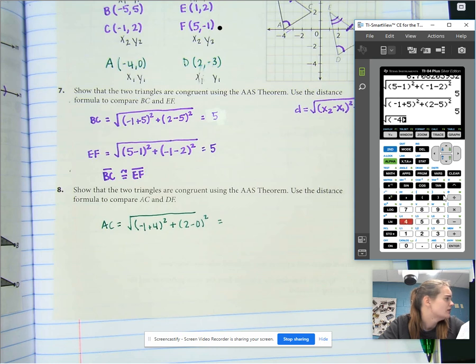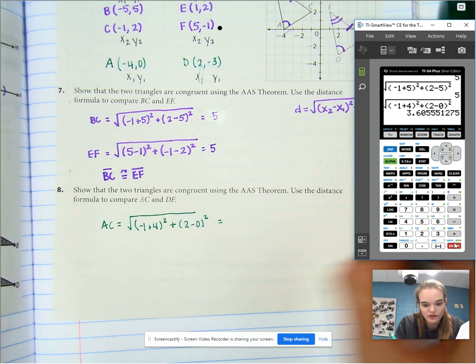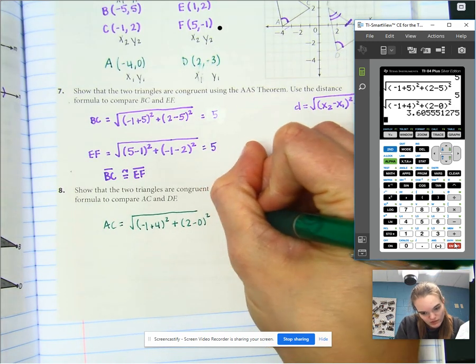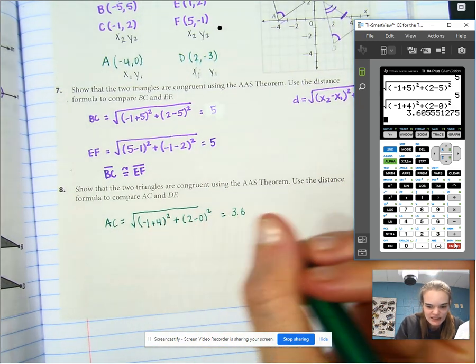Negative 4, there we go, messed up already. Negative 1 plus 4 squared plus 2 minus 0 squared. Got 3.6. Okay. DF.